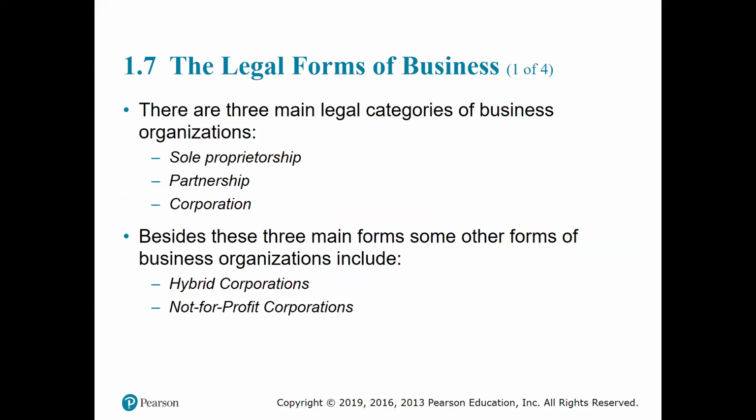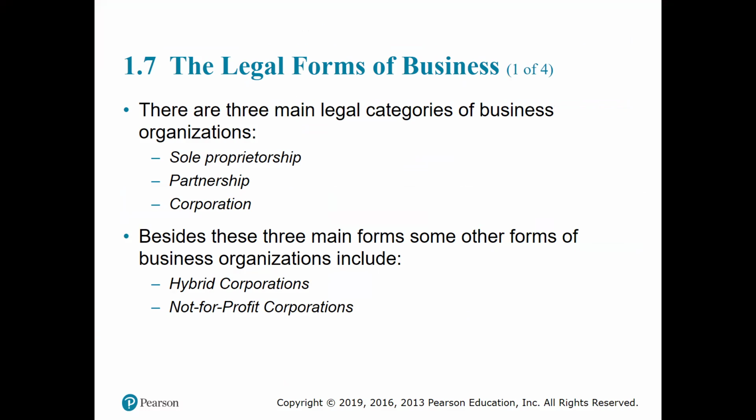Okay. There are legal forms of businesses: sole proprietorship, partnership, and corporation. Sole proprietorship means there is only one person who owns the company. He's the one who gets the profit, and he's the one who bears the losses. Partnership is when two people come together and make a business together.